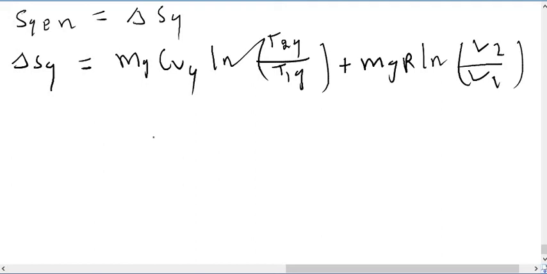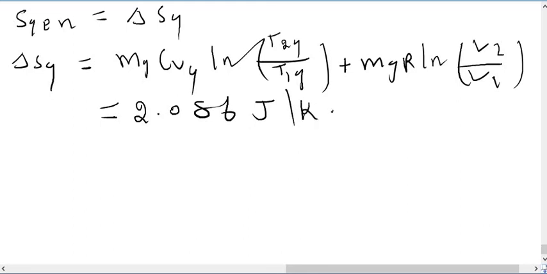So now by substitution we get the entropy to be equal to 2.086 joule per Kelvin.